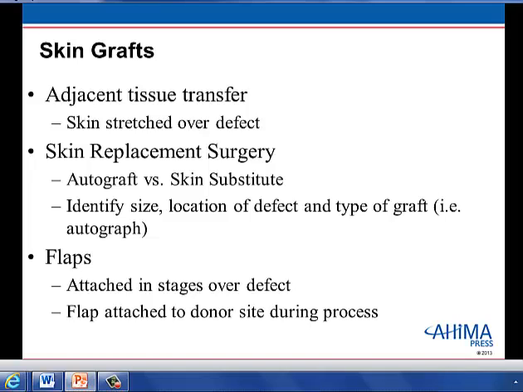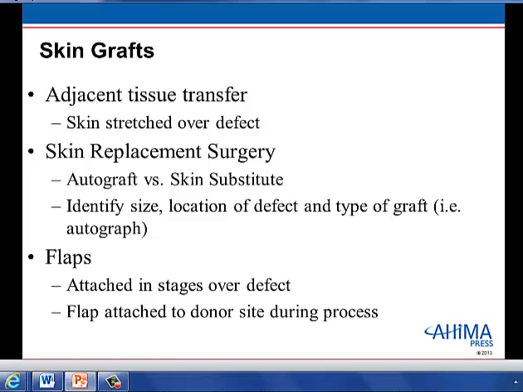Skin grafts. Adjacent tissue transfers are addressed when skin is stretched over a defect. Skin replacement surgery: when coding this procedure, you will note if it was accomplished with autograft or skin substitutes.